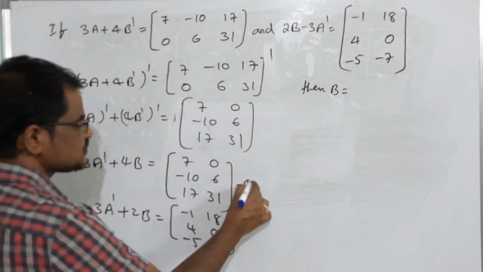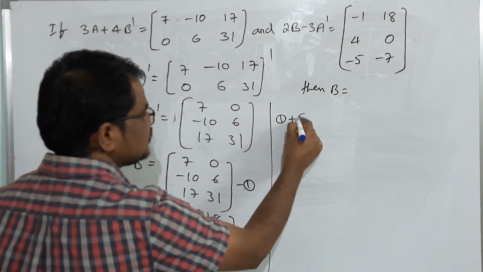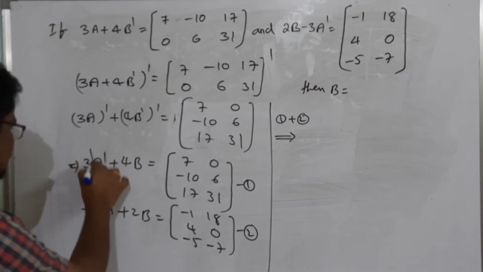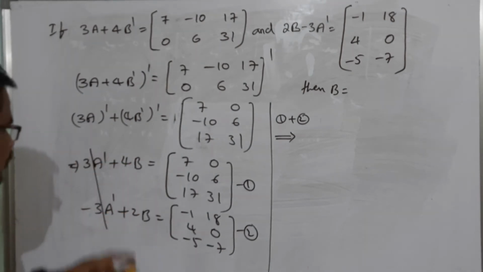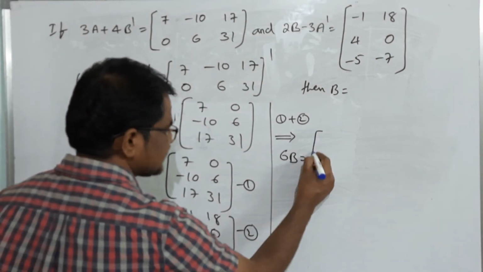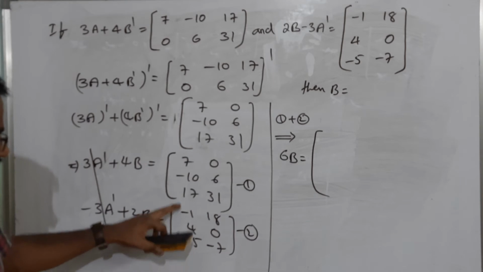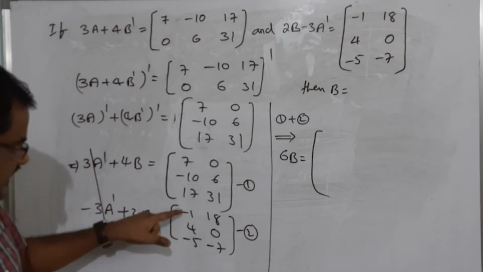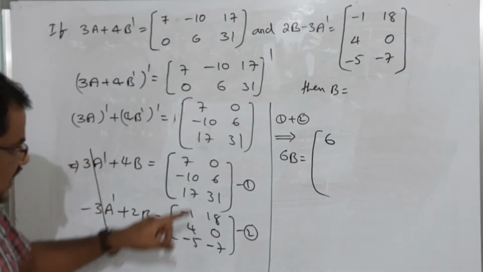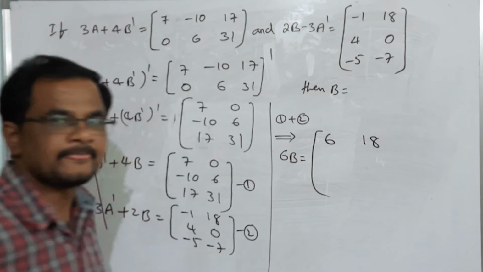Take this as 1 and this as 2, and add 1 and 2. If you add 1 and 2, these two terms get cancelled. What is remaining here? 2B plus 4B on the left side, 6B. On the right side we add the corresponding elements. 7 minus 1 is 6, and 0 plus 18 is 18.